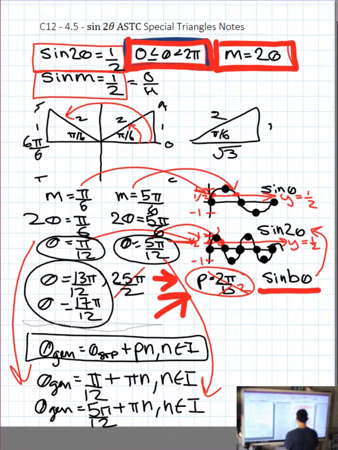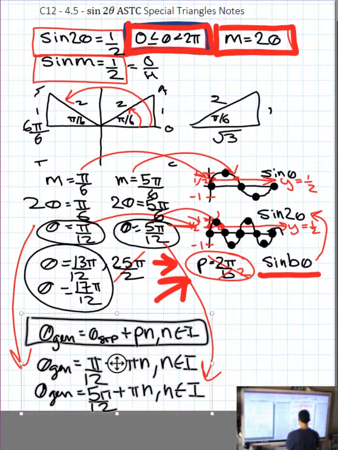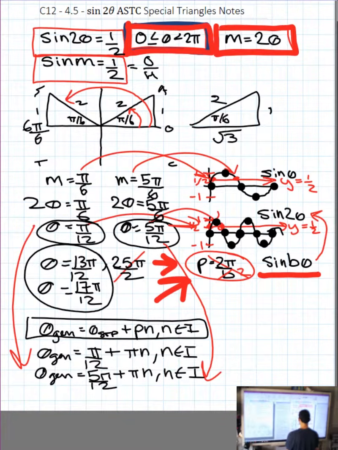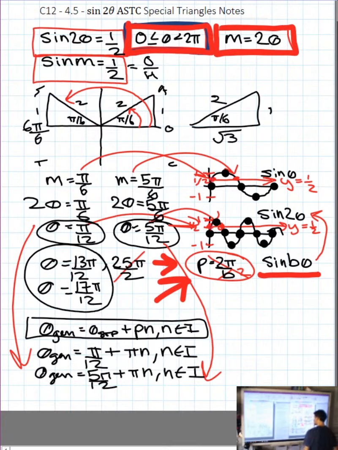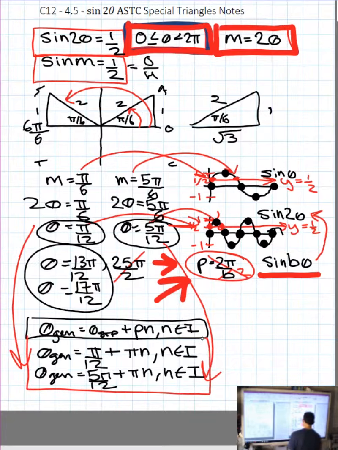And those are my general solutions. I'm just going to slide those up a bit in case those ran off the bottom. So again, theta gen is the two smallest angles in standard position plus Pn. We're going to get a lot more into general solutions a little bit later and how sometimes they cover each other. So I'm going to put a big, huge red box around that answer.